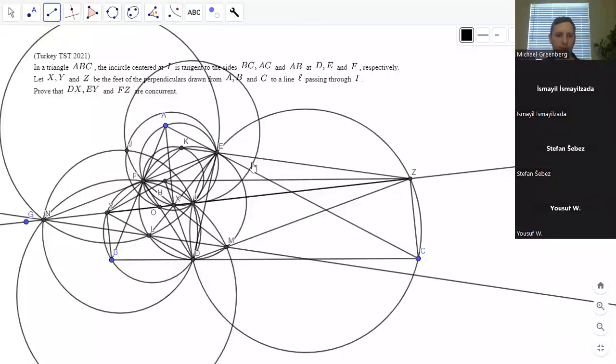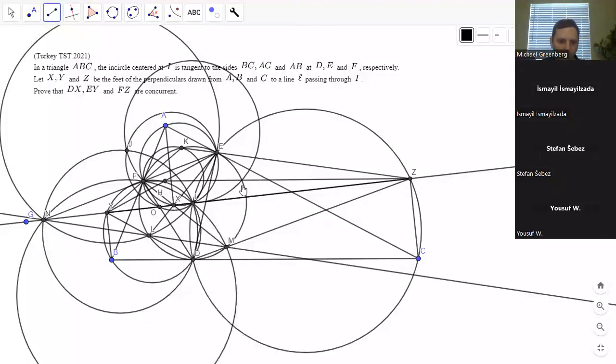Maybe we could redefine H to just be the intersection of EY and FC. And then we could try to use Desargues. What if we try to use Desargues on XML and DEF?